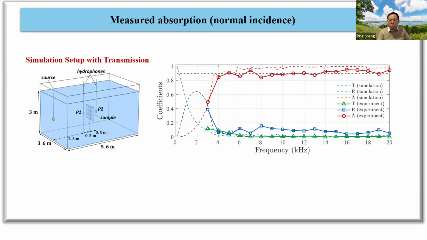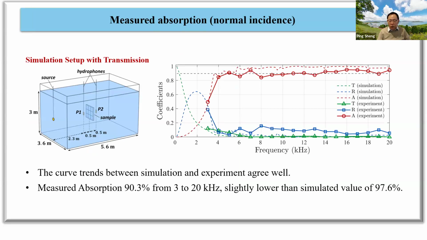And that is less than the theoretical prediction by about 7%. But given the difficulty of the samples and the inaccuracy that may exist, we consider the agreement to be extremely good.